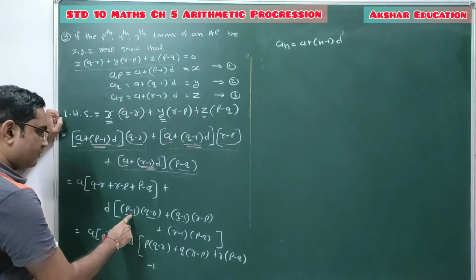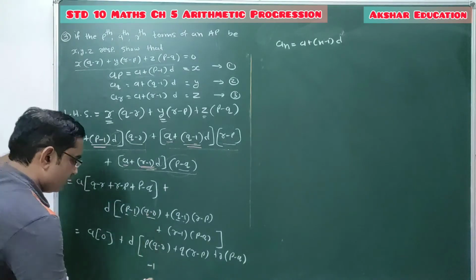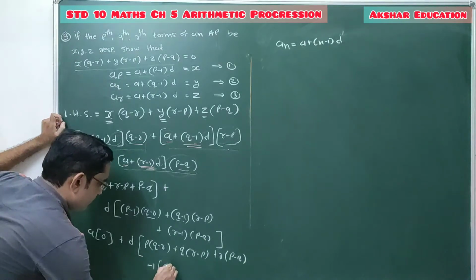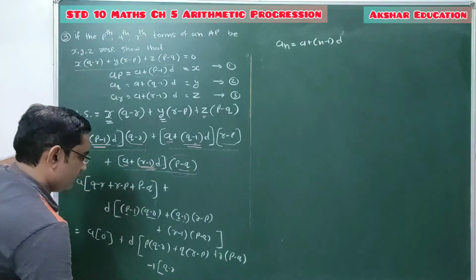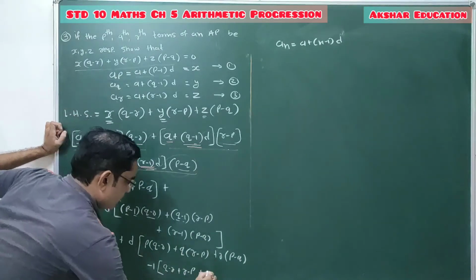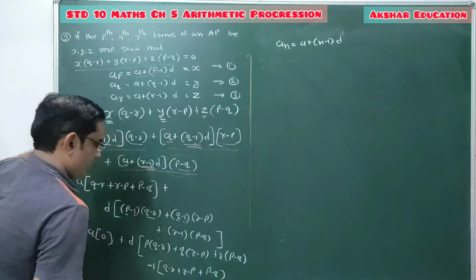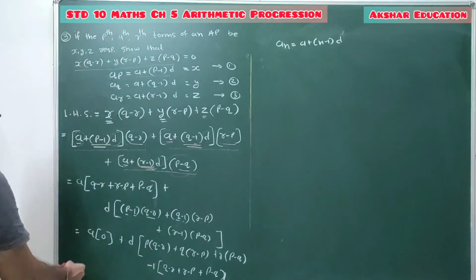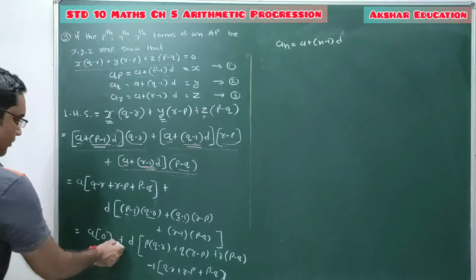Taking minus 1 common, the multiplication is (q minus r) plus (r minus p) plus (p minus q). Done? So now this is 0.